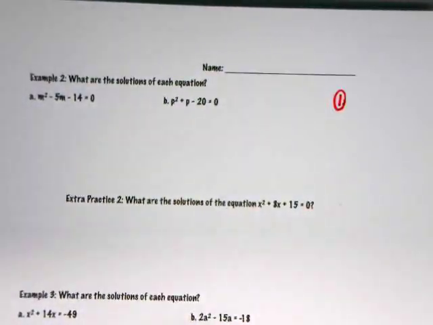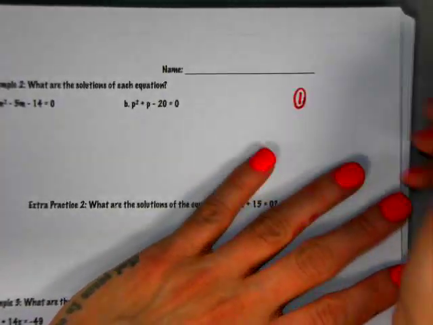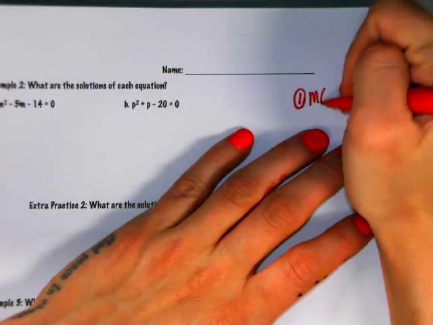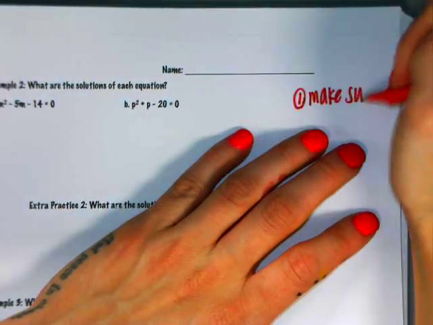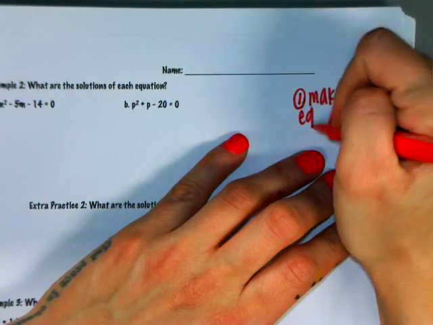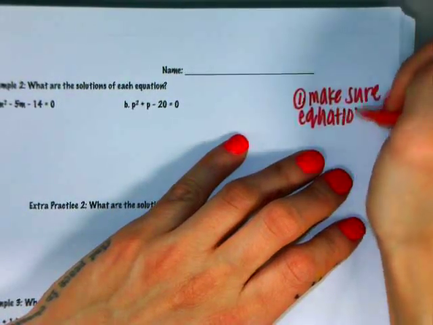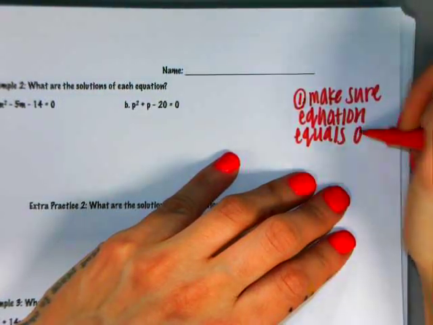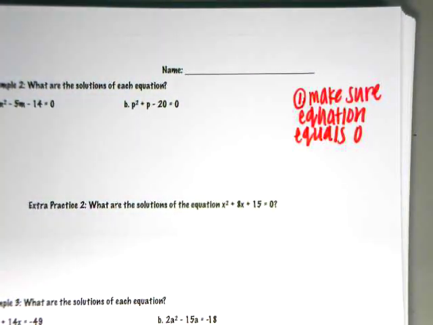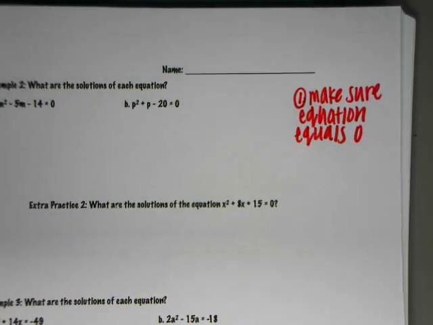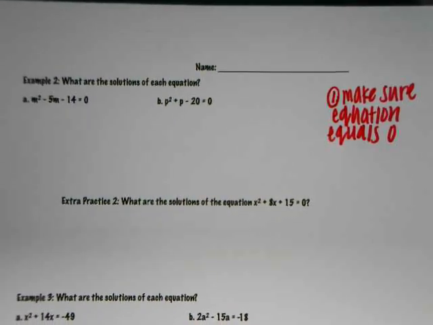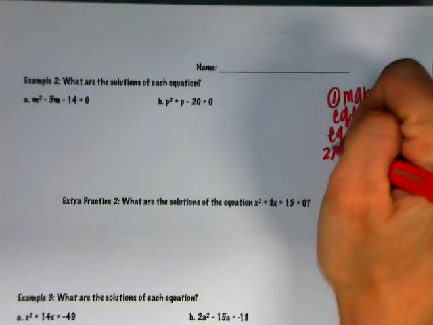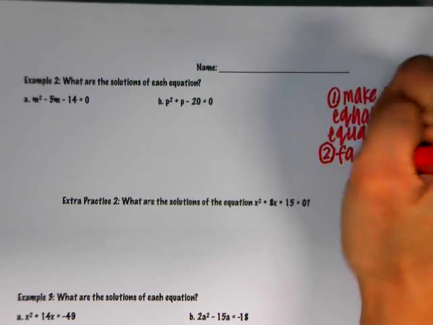Step 1, you need to make sure that your equation equals 0, okay? So on A, does our equation equal 0? Yes. Okay, so then the next thing you're going to do is you're going to factor.